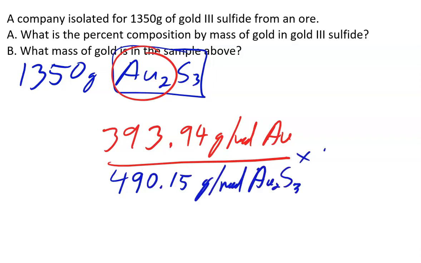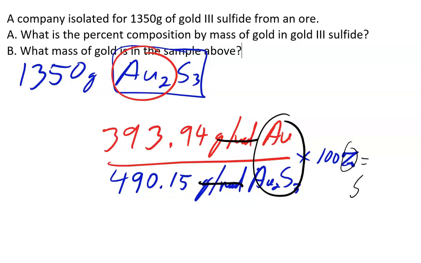Then multiply times 100%. The grams per mole will cancel. You have a ratio of gold to gold sulfide, and you have the units of percent, and you end up with 80.4%, or 80.37%. That is our answer for A.